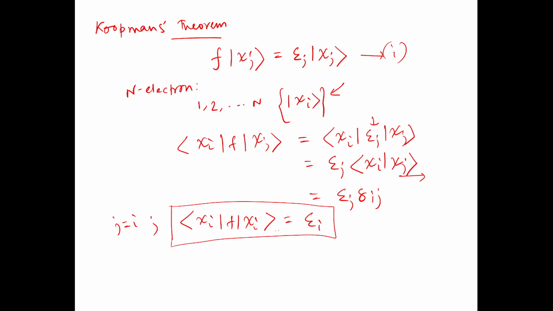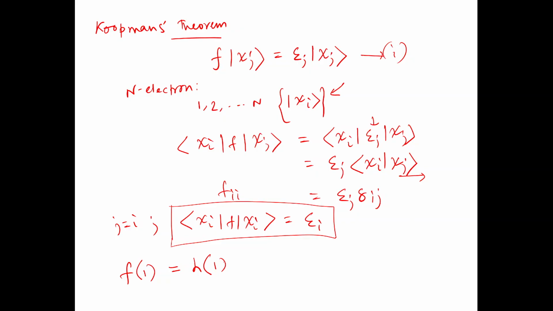Now we can further break down this matrix element. This is nothing but the diagonal element of your Fock matrix, F_ii. We know that F(1), where 1 is the coordinates of electron 1, contains the core Hamiltonian H(1). This contains the electronic kinetic energy as well as the attraction energy to the nuclei.